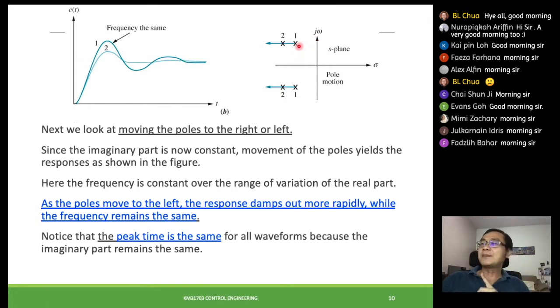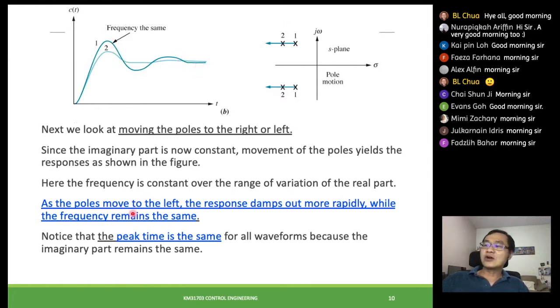What happens is that when we shift it to the right or to the left, it will affect the peak time, or the peak value. So we can see that the percent overshoot actually changes because of the shift, so you can see that the peak changes, whereas the frequency remains the same.